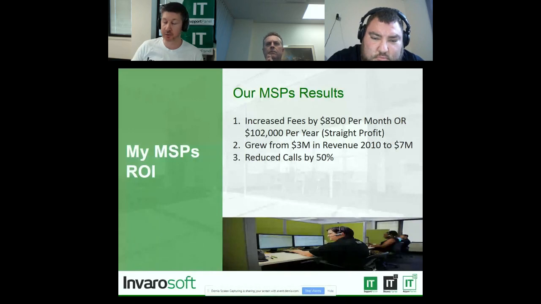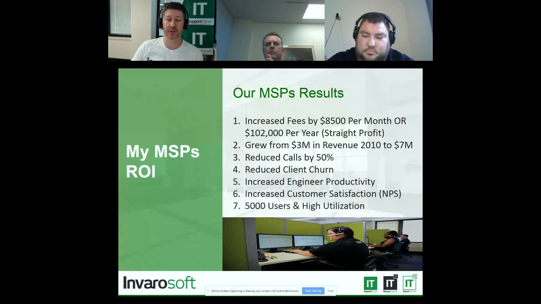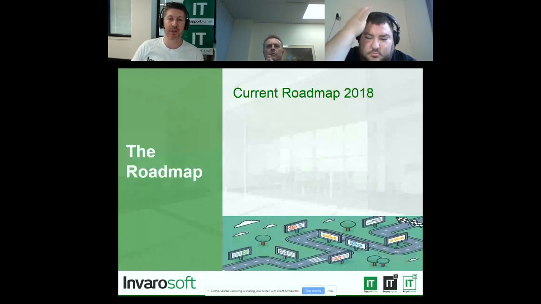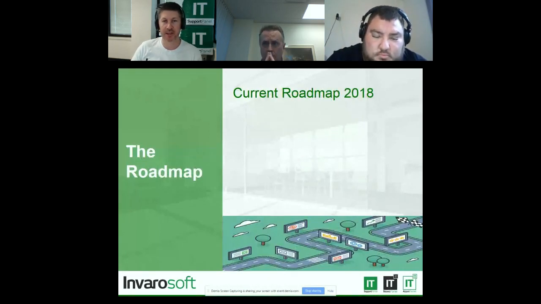Certainly absolutely reduced our calls by 50%. It was shocking, but it was not so much when you understand the behavioral change that you were making. Reduced client churn significantly, increased our engineer productivity. We absolutely increased the NPS score, and we do have 5,000 users that use the product. The current roadmap, I will pause there and get into that.